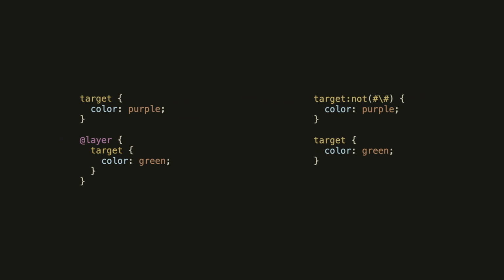This is an ID selector with the ID of the pound symbol as well, but you need to escape it because otherwise the parser breaks. So this is one ID selector that you have in there, because as I mentioned, the specificity of :not, we calculate it in a special way. We take over the specificity of its most specific argument in there. So if you do it that way, in a browser that does understand layers, that one will work. A browser that doesn't understand layers, well, here the specificity will win, so it will have the same result.